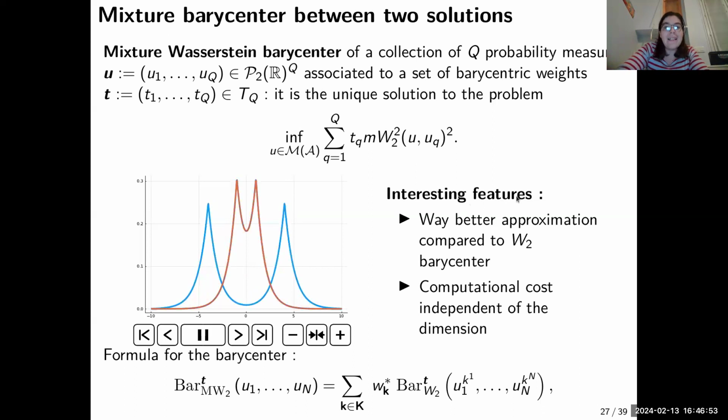And in addition, computing these barycenters is way cheaper than computing exact Wasserstein barycenters, and the dimension of the underlying space doesn't come into play anymore in the complexity of the computation of these modified Wasserstein barycenters.